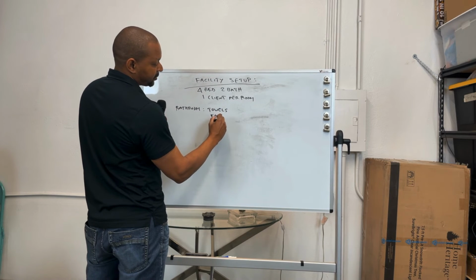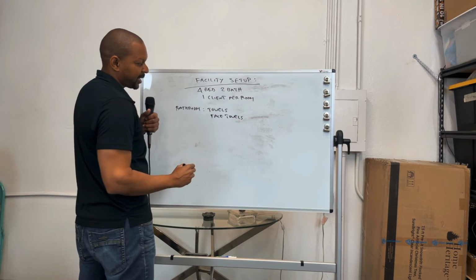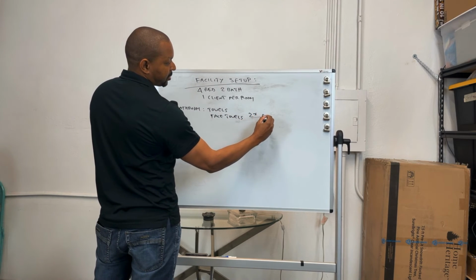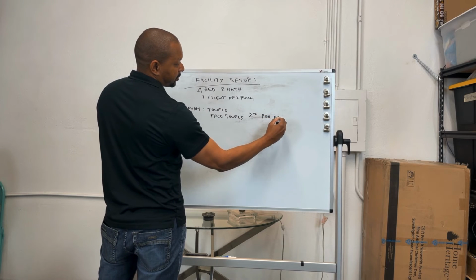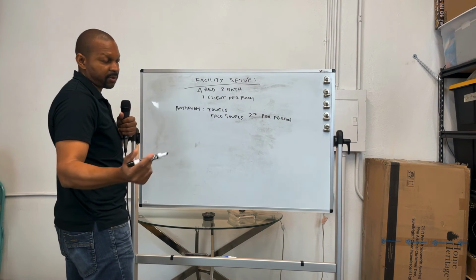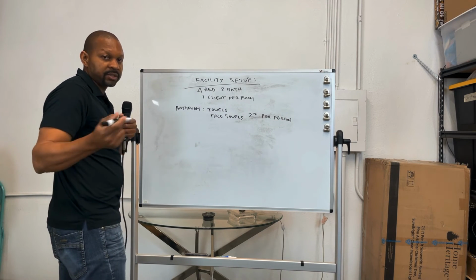Face towels. And I like to have 2 per person, or more. That's the minimum. You can do 3, 4 towels per person. You should be washing once a week anyway.